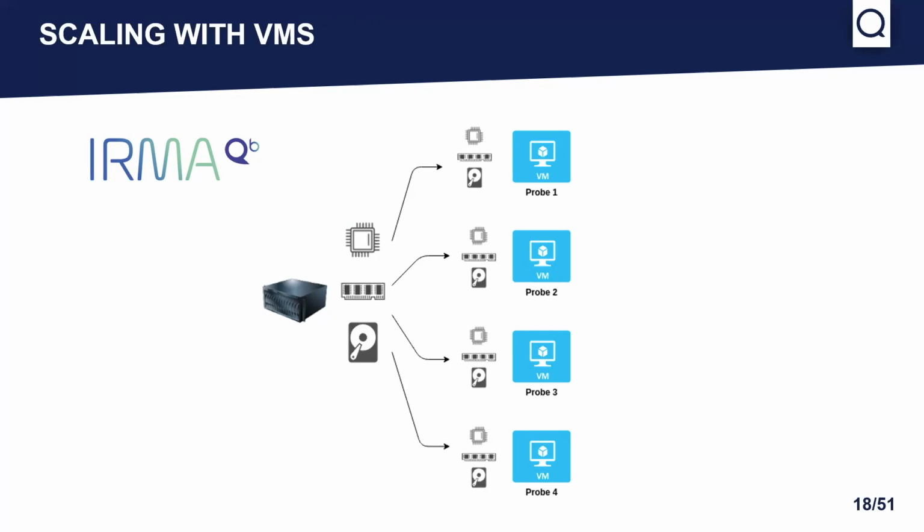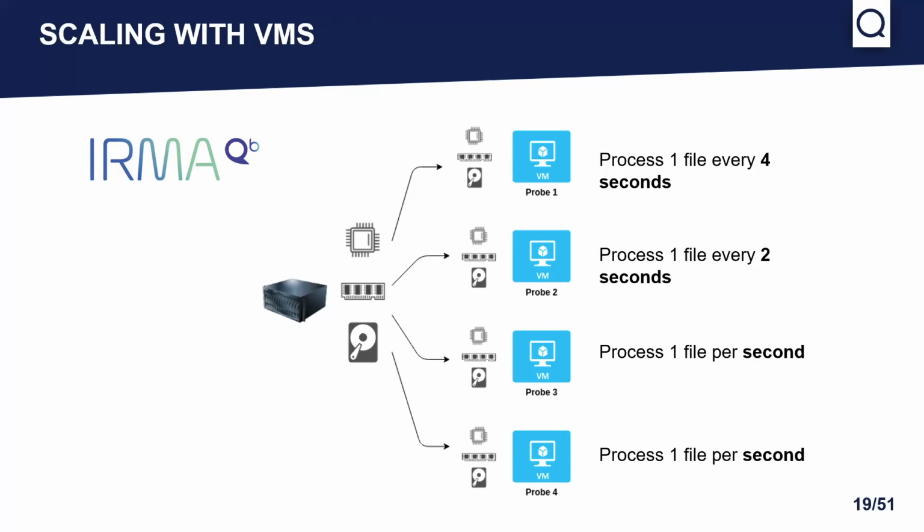Your resources on the left are split in 4 for these 4 virtual machines. And let's say that the tools run at different speeds. The first probe processes 1 file every 4 seconds. The second 1 file every 2 seconds, and the 2 last probes, let's say they are fast probes, and they process 1 file per second.